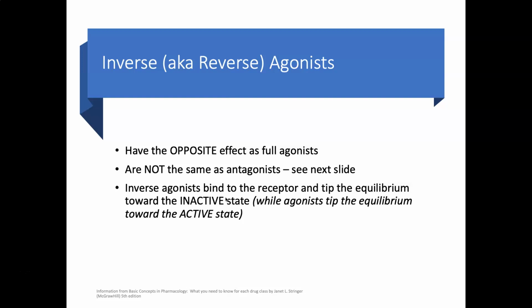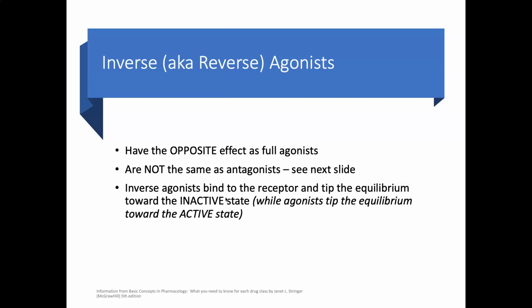Then you get to this inverse agonist, and it does the opposite of a full agonist, but it's not the same as an antagonist, because we'll talk about antagonists again in a minute. What an inverse agonist does is when it binds to the receptor, it essentially inactivates the situation. So it doesn't completely block the receptor like an antagonist.